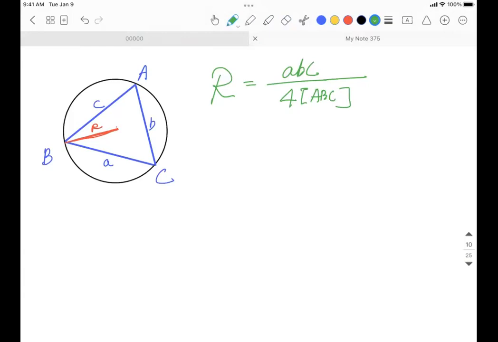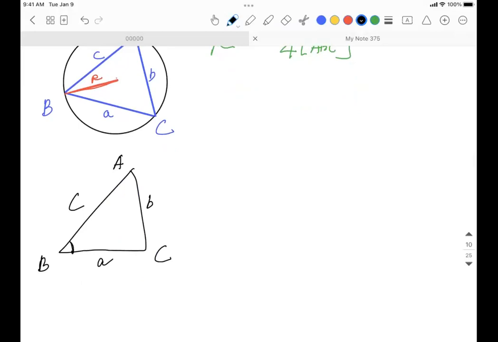Well, in order to do this, I have to know if you've heard about some basic ways to determine the area of a triangle. I'm going to use this: A, B, C. Let's say this is theta.